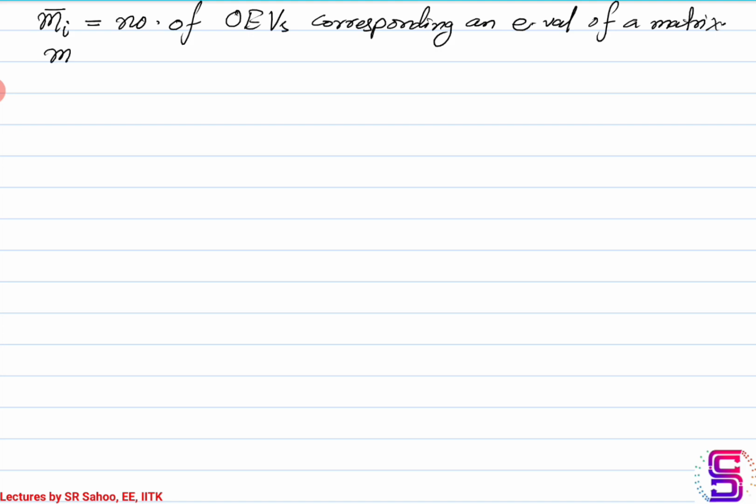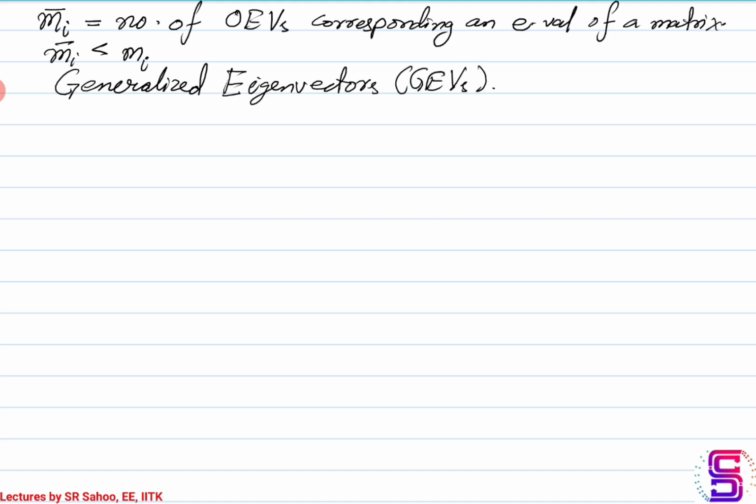Now when the geometric multiplicity is less than the algebraic multiplicity, there are something known as generalized eigenvectors, or the GEVs, that can be found.